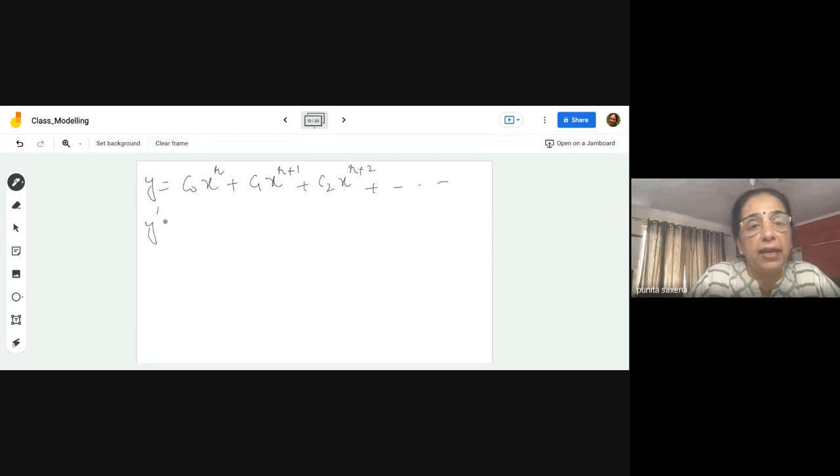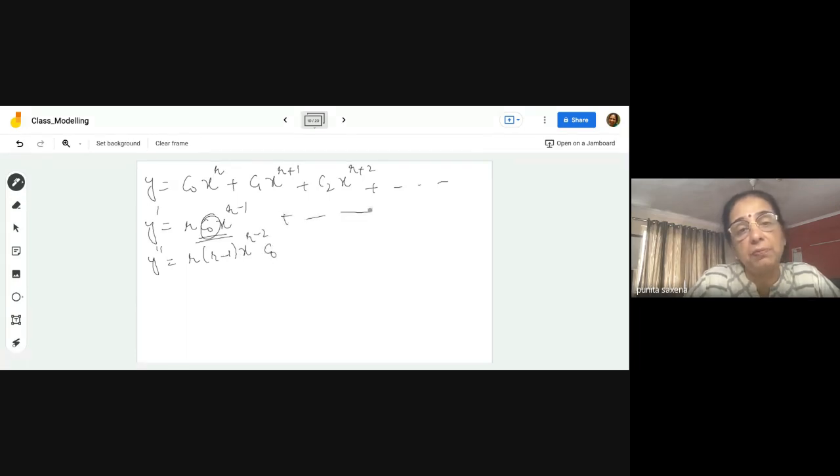So when you find y dash, it will be r C naught x to the power r minus 1, so your summation still starts from n equal to 0. Similarly, y double dash will be r(r minus 1) C naught x to the power r minus 2, and subsequent terms. That is why in all these summations, n will always start from 0 to infinity. Whether you write them or not, it is understood that your summation starts from n equal to 0 to infinity. Is this point clear to all?